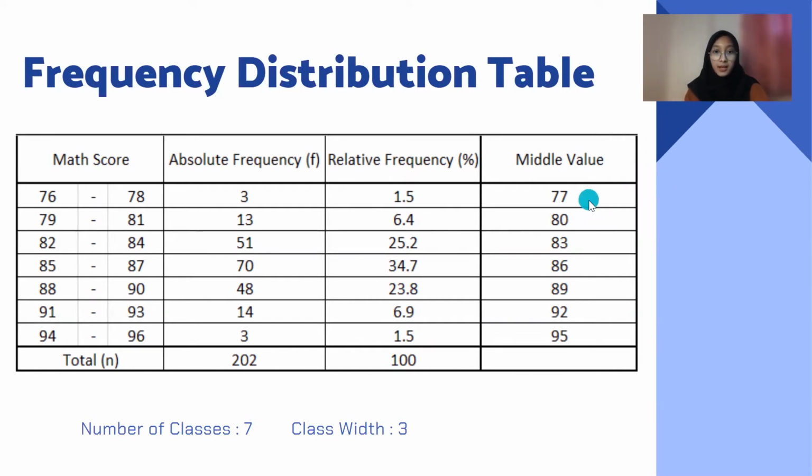The middle value is obtained by adding 76 and 78 and dividing by 2. In other words, we find the average of each interval. So for the first interval, the middle value is 77. For the second, the middle value is 80, and so on.